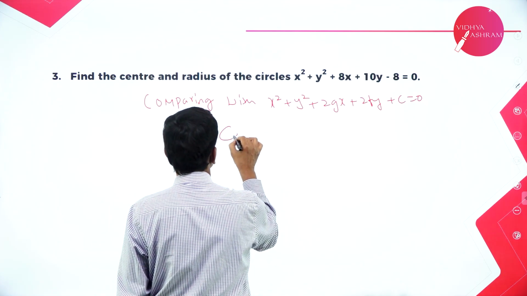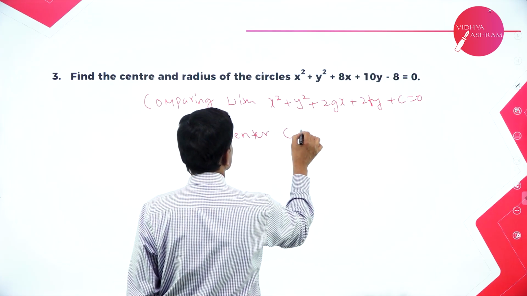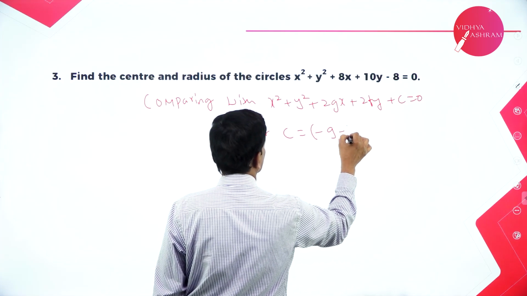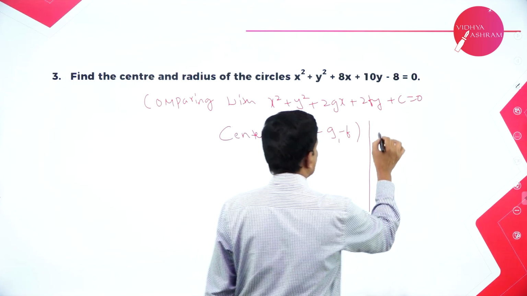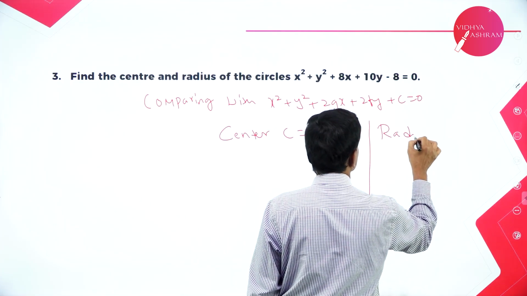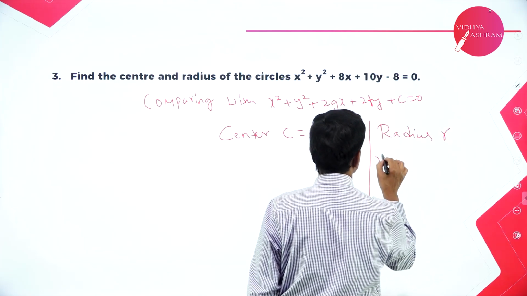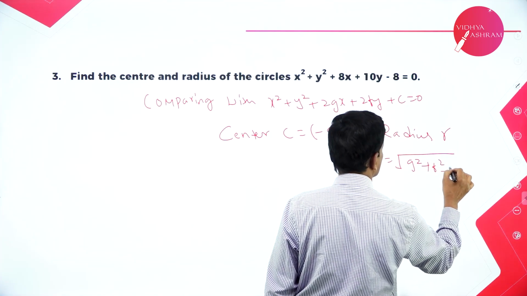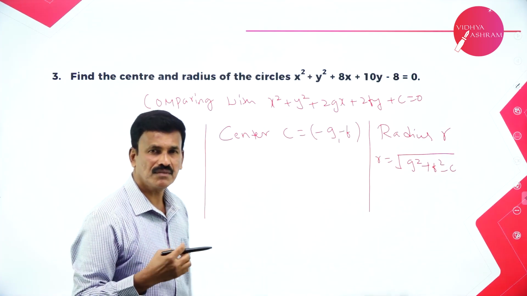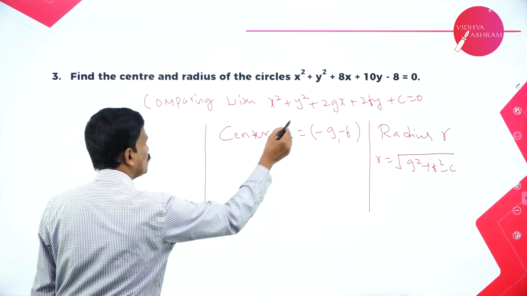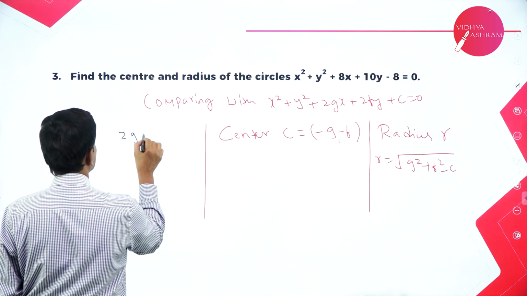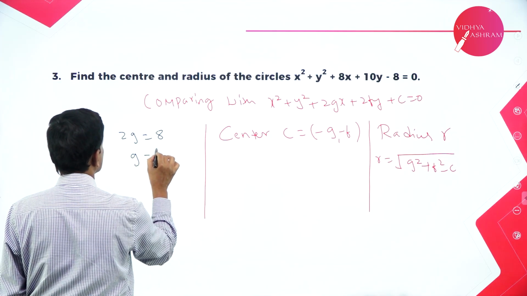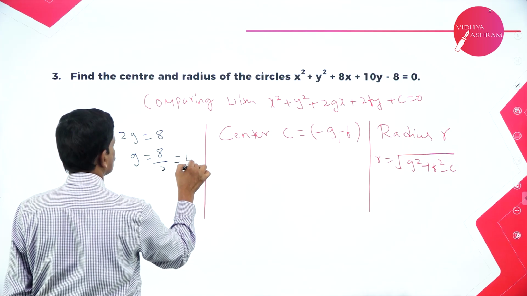Comparing with the standard equation, the center is (minus g, minus f) and the radius r is equal to root of g square plus f square minus c. Now comparing with the standard equation, the coefficient of x is 2g. So 2g is equal to 8, g is equal to 8 by 2, that is 4.